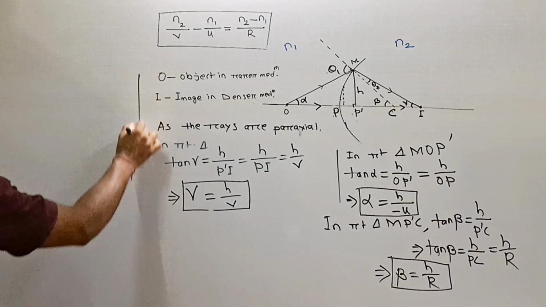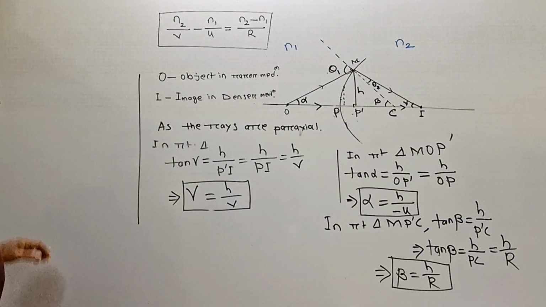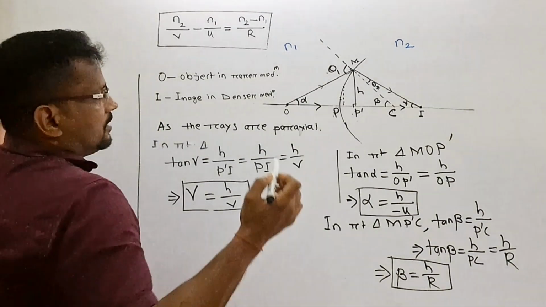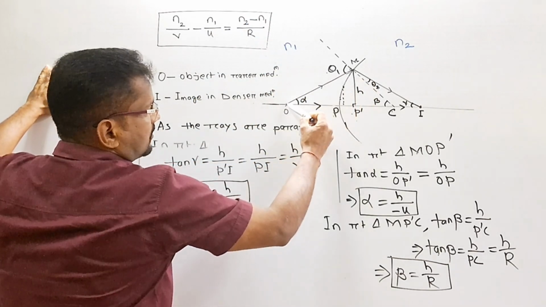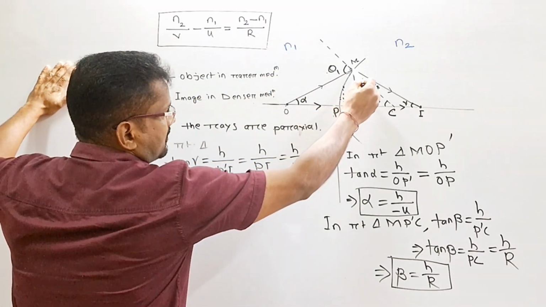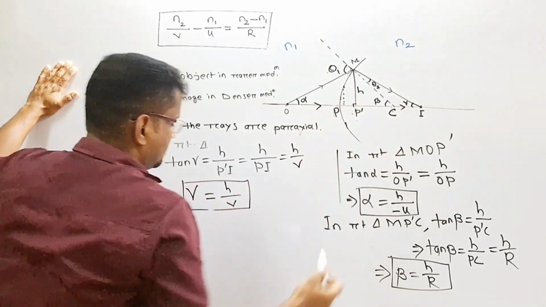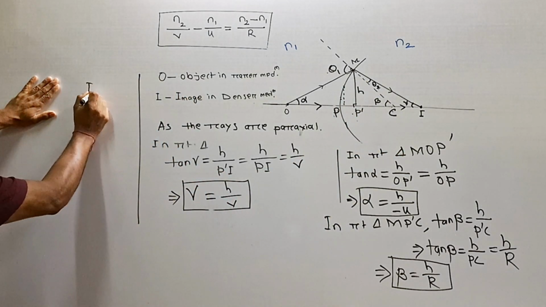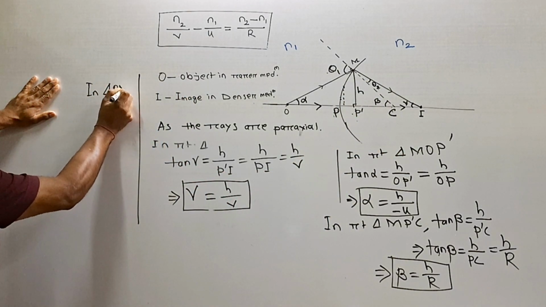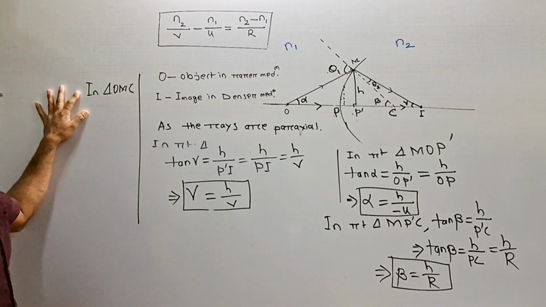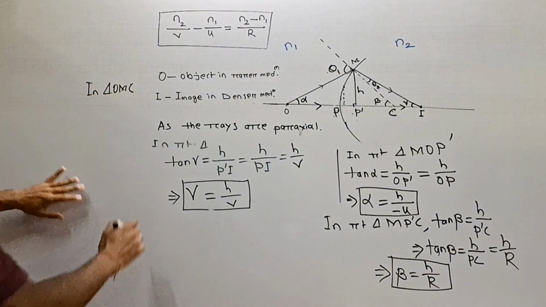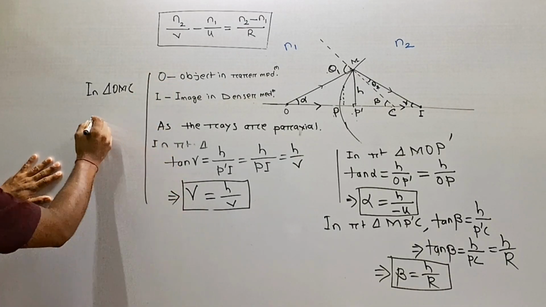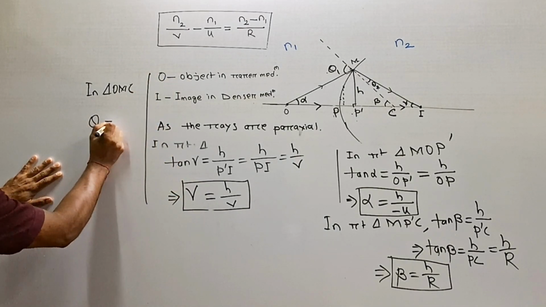Now you see, after this, get the value of theta 1. The theta 1 for this triangle OMC. So in triangle OMC, theta 1 exterior angle hoye ase.